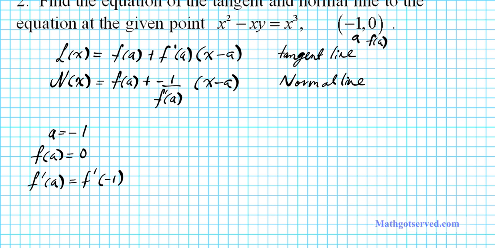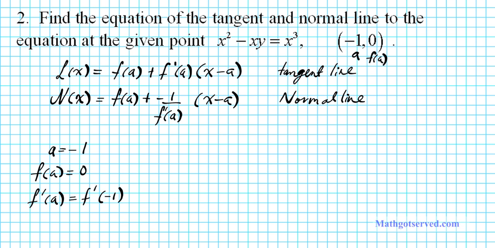So we need to use calculus here, since that's the only tool that can enable us to find a slope with just one point. Okay, so we have the equation x squared minus xy equals x to the third. We need to find dy dx when this equation, when its slope is evaluated at the point -1, 0.